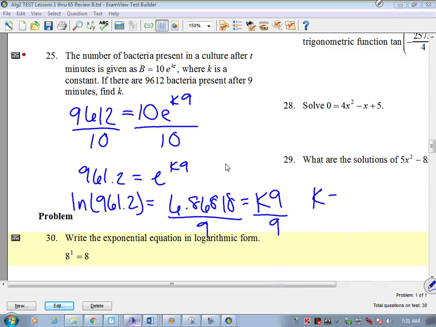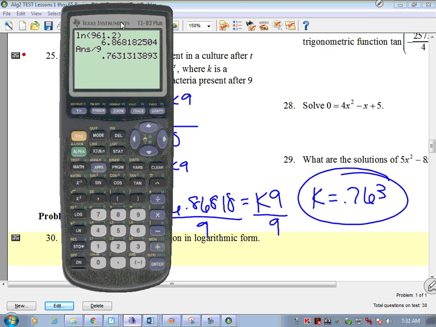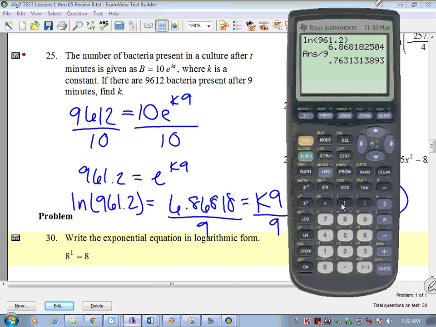Okay, so k equals 0.763. And just so you know that we can check our answers on this, we can plug that back into the beginning. So if I do 10 times e to the 0.763 times 9, I should get that 9,612 or something very close to it.